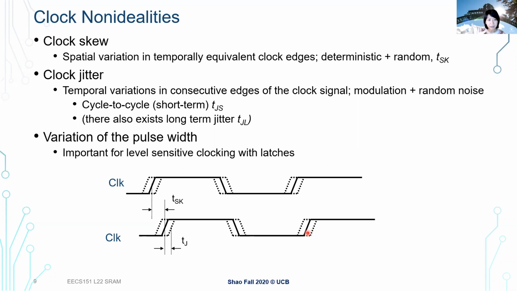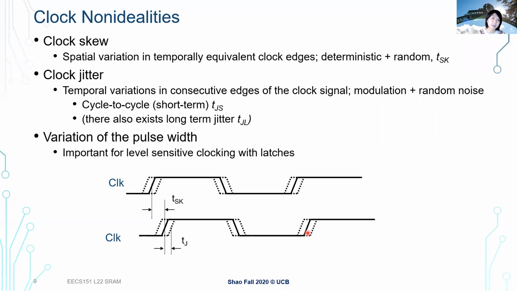Another part is the pulse width, which is more important when we talk about latch-based timing. Again, most of our discussion is flip-flop-based timing, where we talk about edge-triggered behavior. But latch-based timing, which is level transparent, we discussed last time. So it's either transparent low or transparent high.